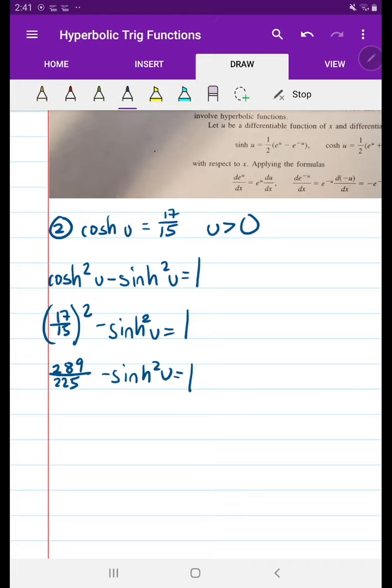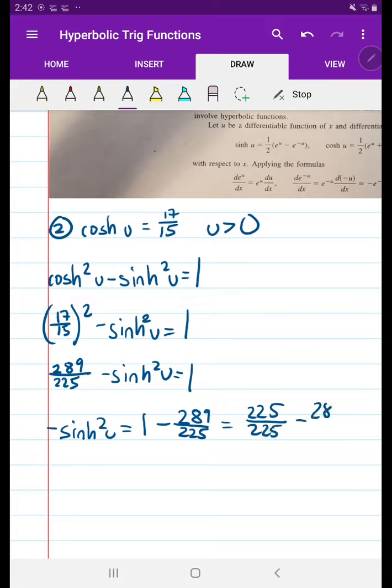So then I could get my sinh squared by itself. So a negative sinh squared u is going to be 1 minus 289 over 225, or we can say 225 over 225 minus 289 over 225.